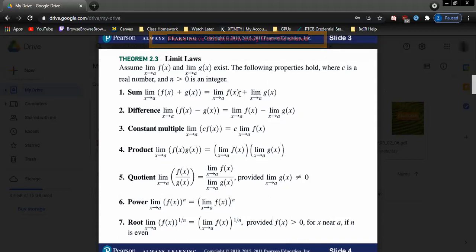So when x tends to 0, f of x was 2x. What's the limiting value of 2x when x tends to 0? Would it be 0 again? 0 again, yeah, it's again a linear function, and it gives me 0. Same goes for the other function as well. When x tends to 0, the limit of 3x is also 0. And if you add those two, 0 plus 0 is still 0. So that means it's giving me the same thing.